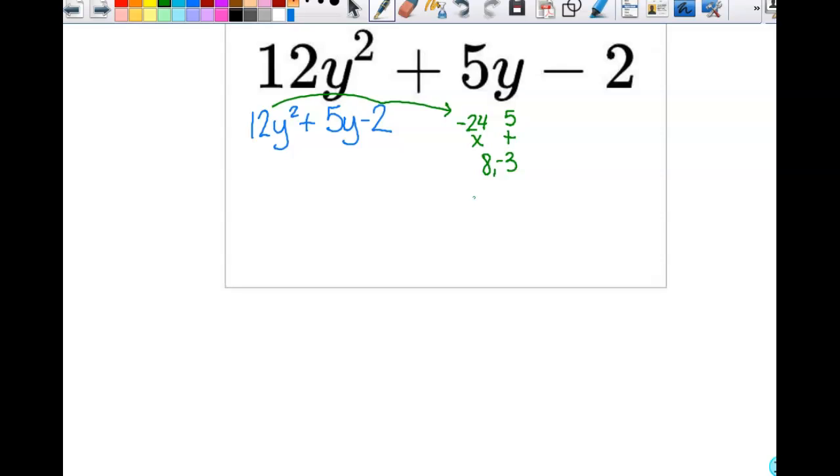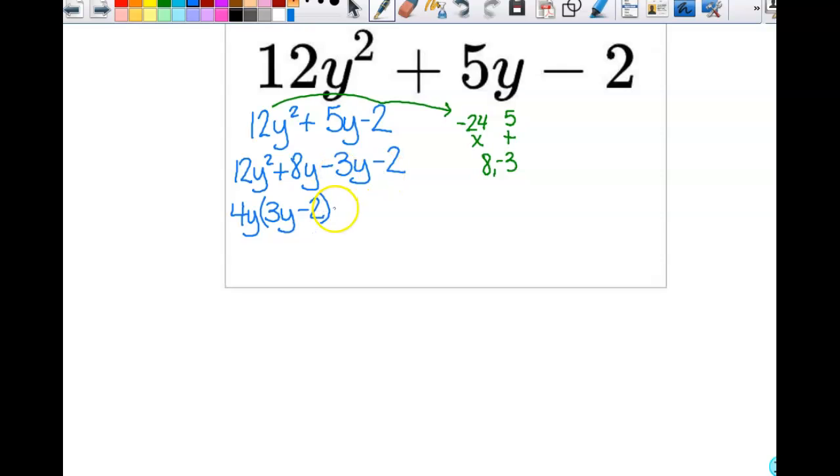Okay, my numbers are 8 and -3. So it gives me 12y squared plus 8y minus 3y minus 2. All right, so then we factor. I can factor out a 4y. That's going to leave me with a 3y minus 2.